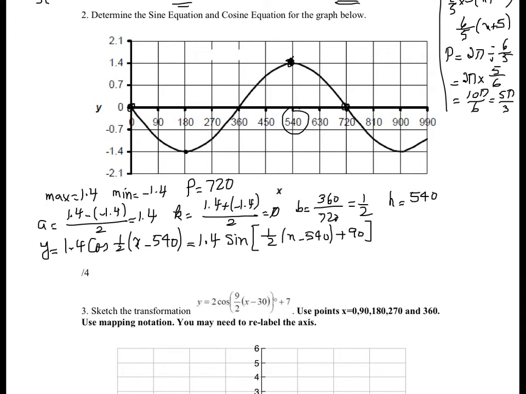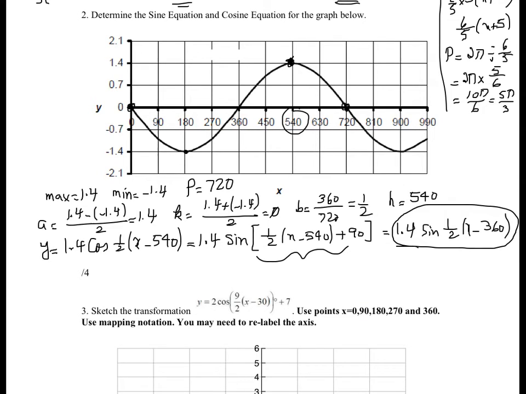Now, if you simplify this argument, you get 1.4 sine of 1/2 (x minus 360). And this is the sine representation, and the other one is the cosine representation of the graph.